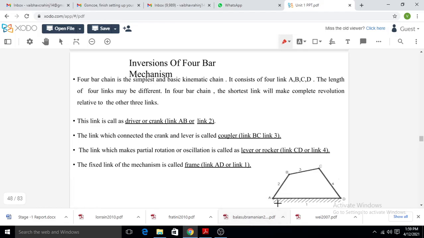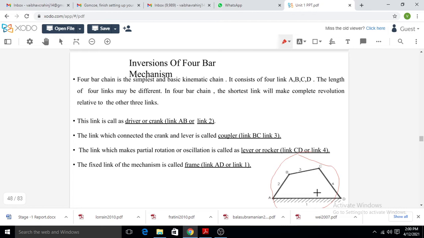In the 4-bar mechanism there are 4 links: link 1, link 2, link 3, link 4, and A, B, C, D are the joints, all of them turning joints.